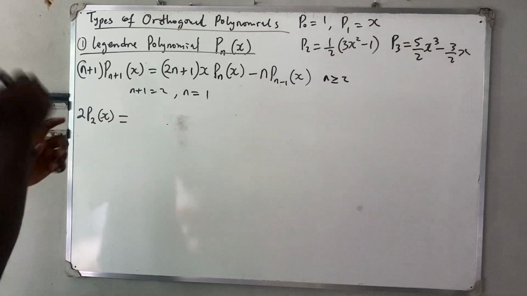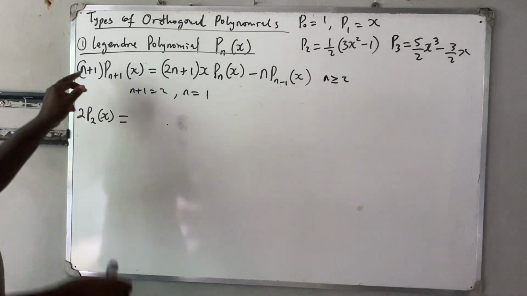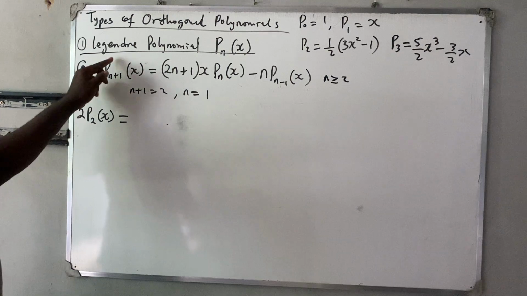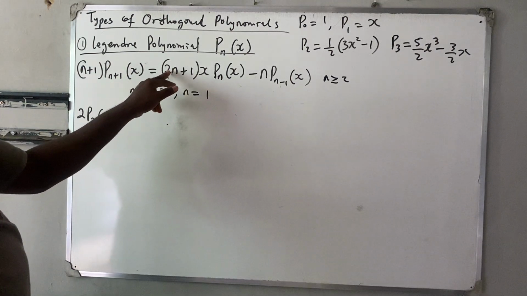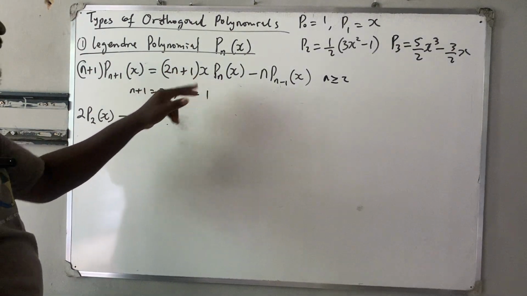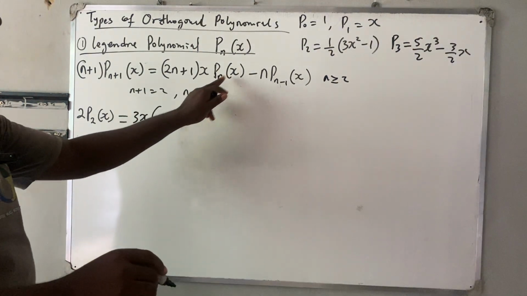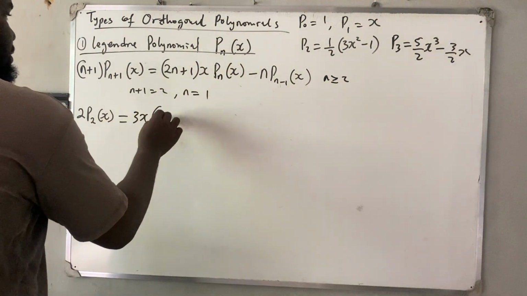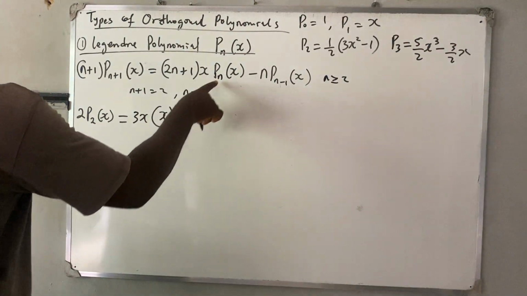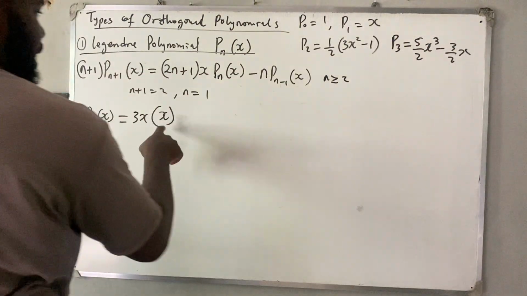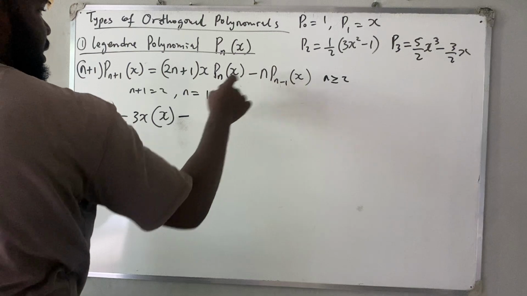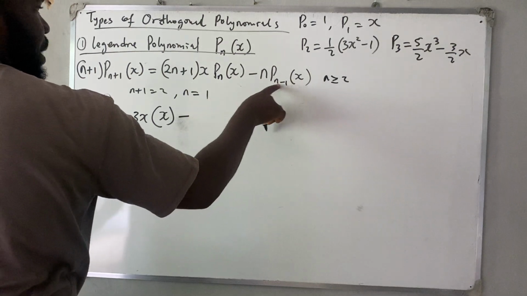So when n is 1, 1 plus 1 is 2, 2P2 of x, 2 times 1 is 2, plus 1 is 3. So I have 3x into my Pn of x, which is P1 now. N becomes 1, and P1 is x. So I have my x minus n is 1. 1 minus 1 is 0.